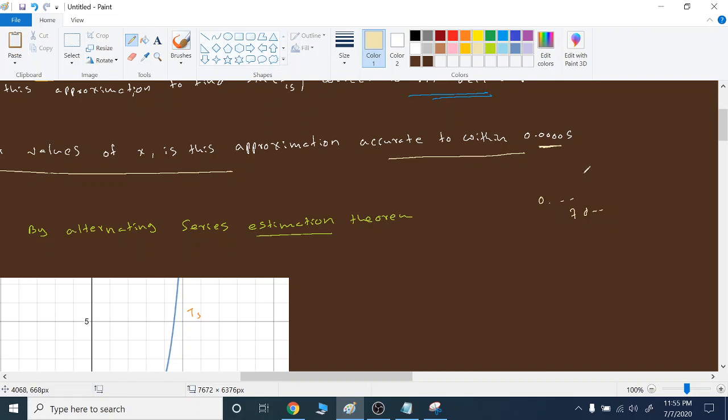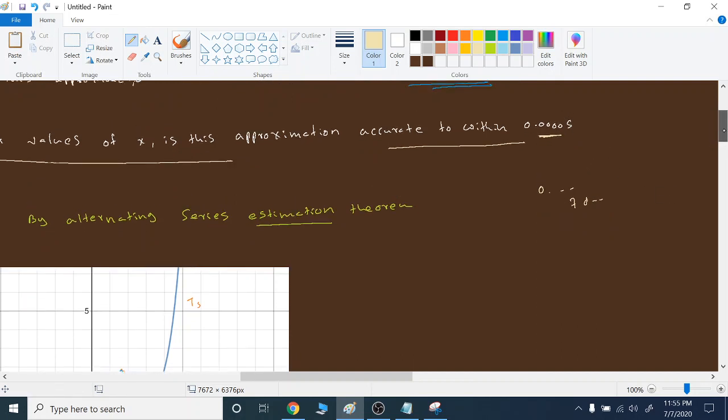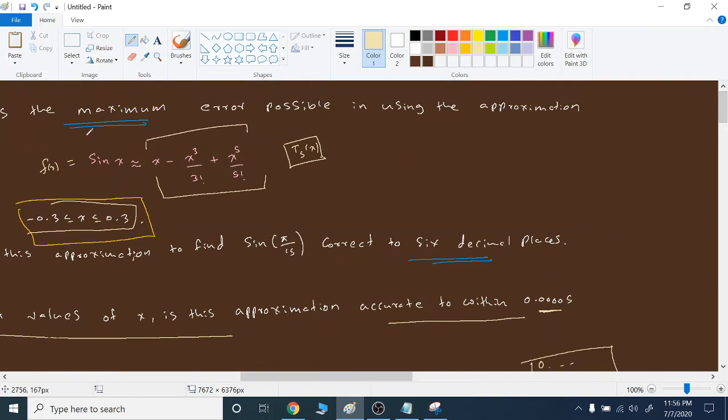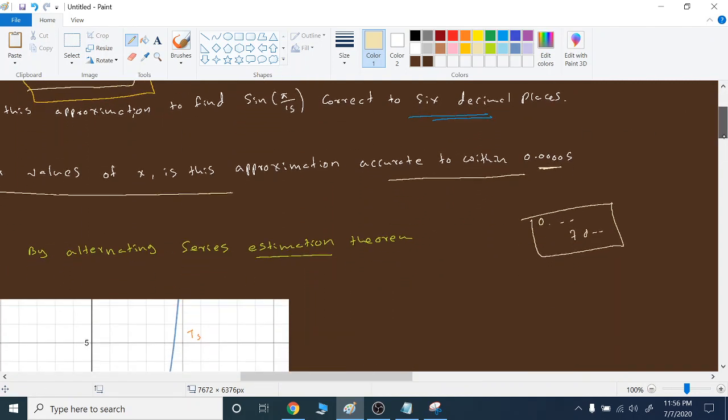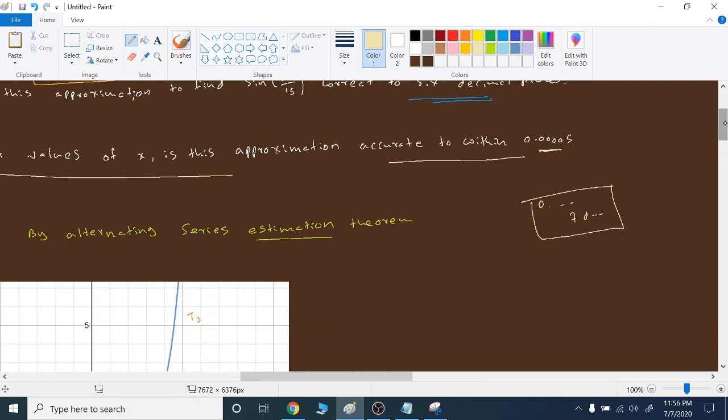So in other words, in part B of this question, they have relaxed the accuracy. Now this is not as accurate as in the first case. Here you only have 4 decimal places, but in part A you had an accuracy of 6 decimal places.